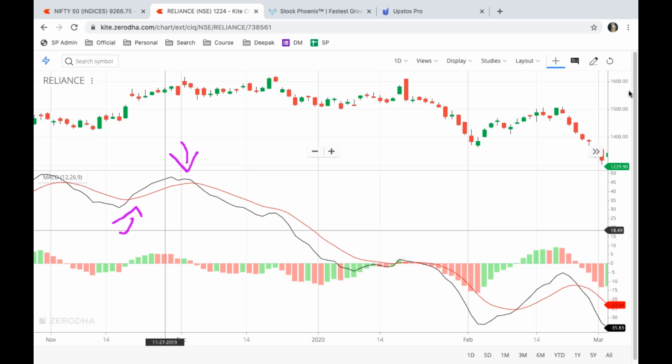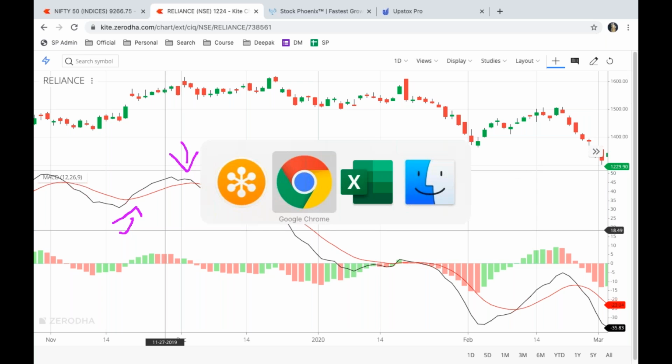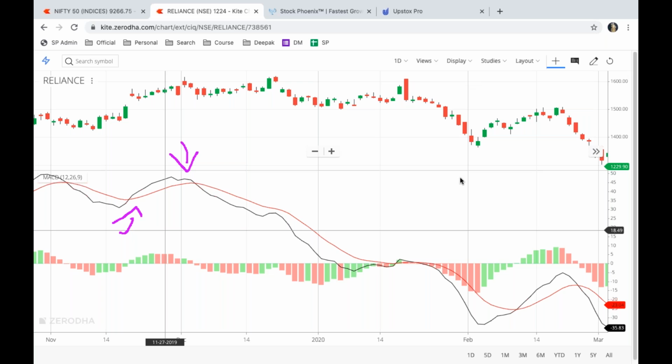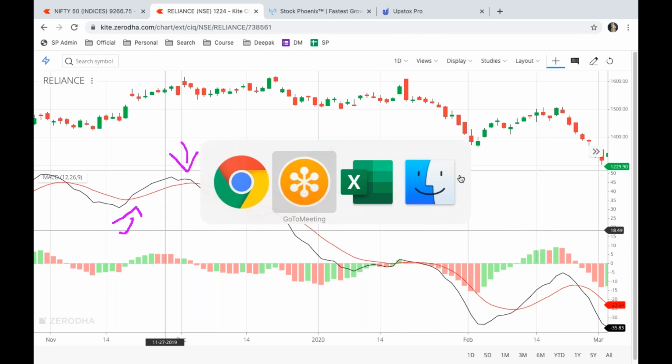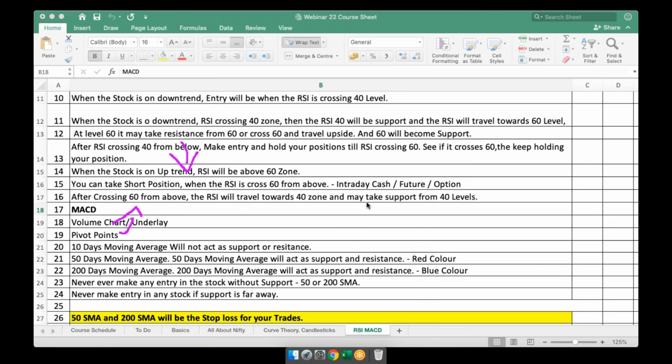Any doubts? It's in a very simple way. There is no big deal in this particular theory. Only two lines: if the black line goes from below to above, it is a buy signal, and from above to below, it is a sell signal.